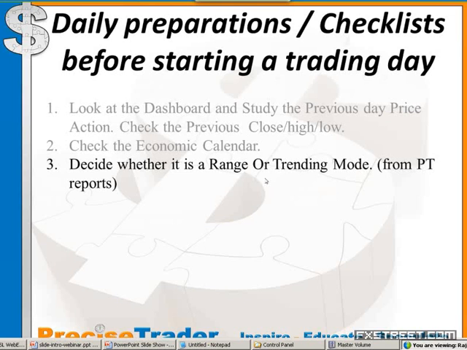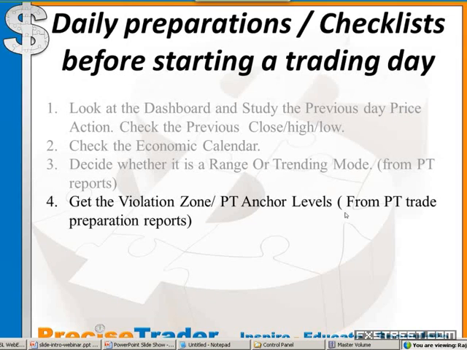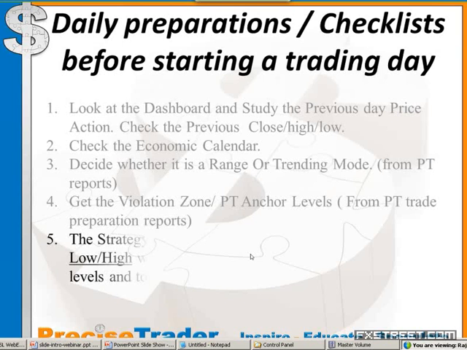Decide whether it is in a range or trending mode, from the PT report. If you look at the dashboard, you should know whether it's in a range or a trending mode. So that would also give a clue. Get the violation zone and PT anchor levels, from PT trade preparation. So basically, you can get the violation zone and these levels, then you can decide how you want to trade.